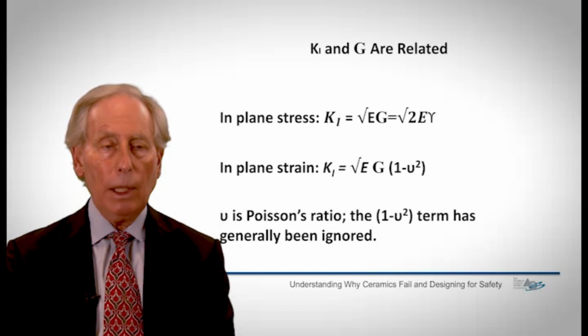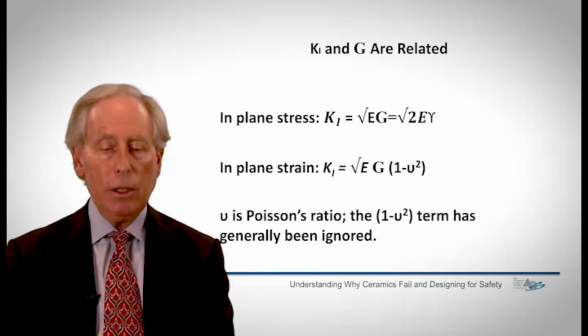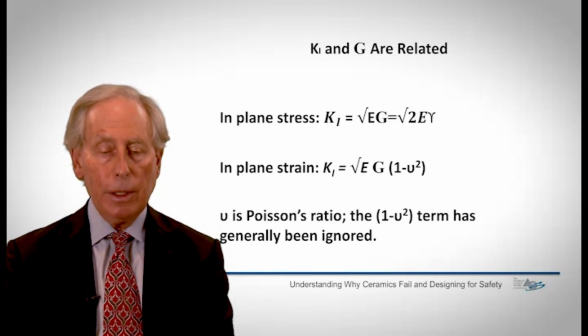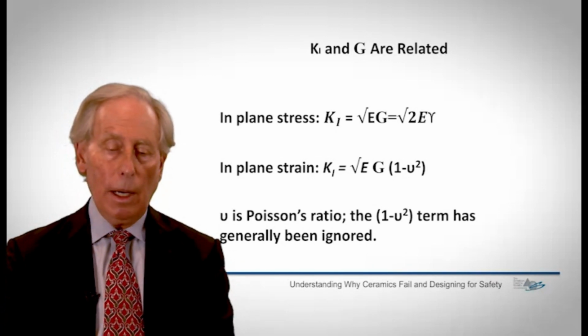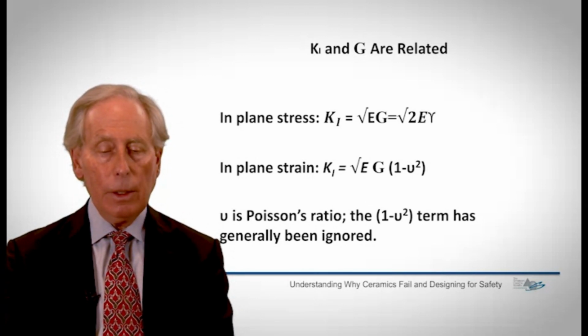One in what we call plane stress, and there the stress intensity factor is directly related to the elastic modulus times, again, this strain energy release rate, or as I've shown before, twice the fracture energy times the elastic modulus, or something called plane strain, where it's related to E times the strain energy release rate, but it contains a factor containing Poisson's ratio.